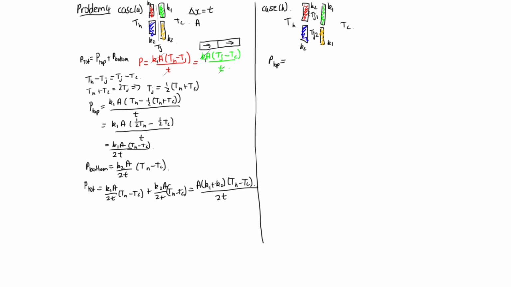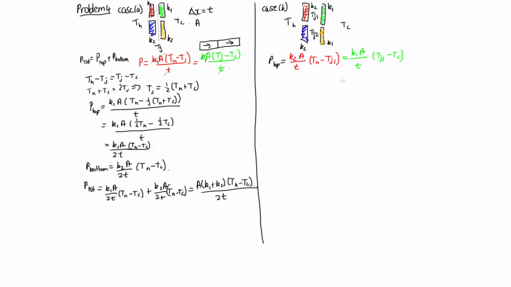So we've got the heat flow through the red is equal to K2A on T, and the temperature difference, that's Th minus Tj1. And we know that that's equal to the heat flow through this green one, which is K1A over T times (Tj1 minus Tc).